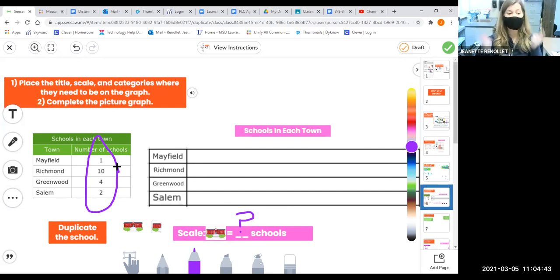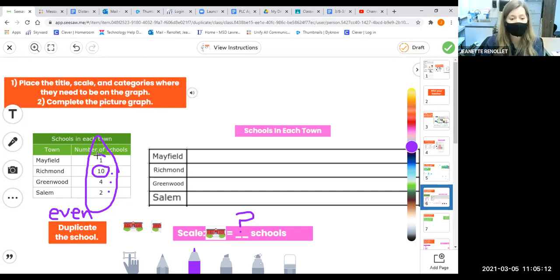This isn't a bar graph, but it still helps me to know the biggest number. And now I'm thinking about what I can count by. I notice that 2, 4, and 10 are all even numbers. When we have even numbers, we can count by 2 pretty easily.